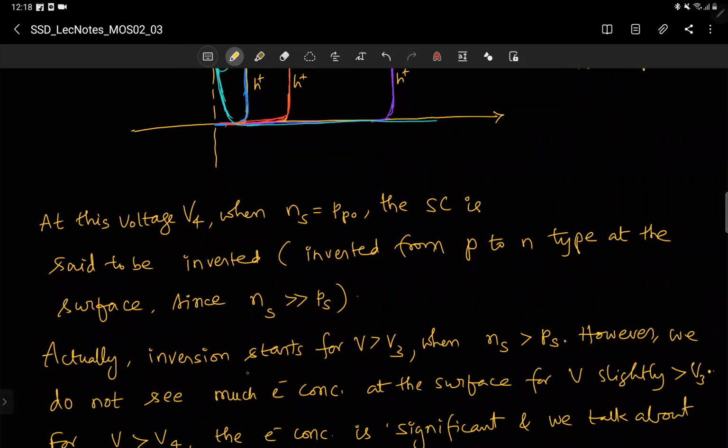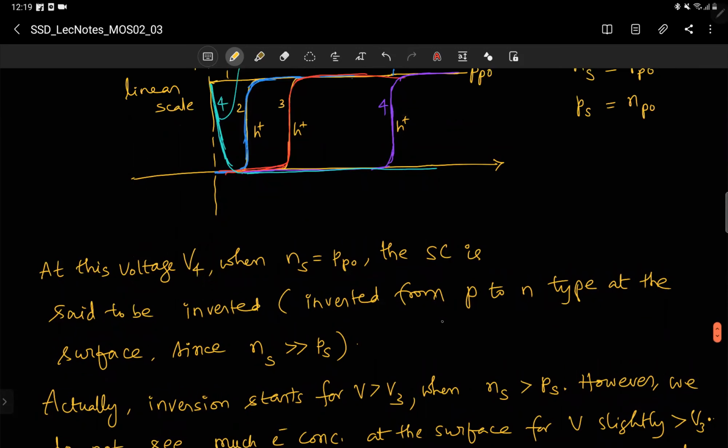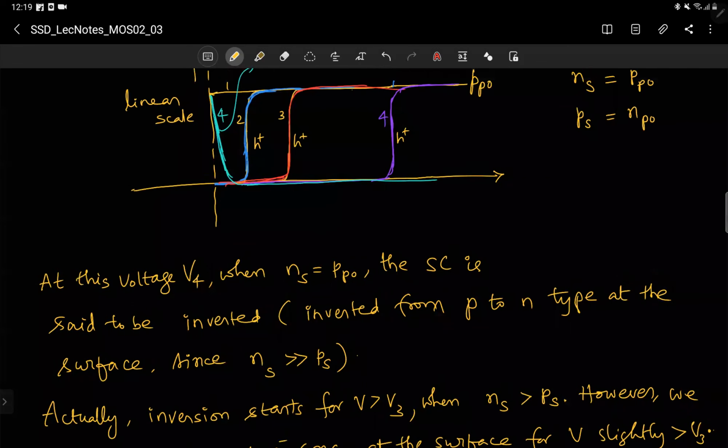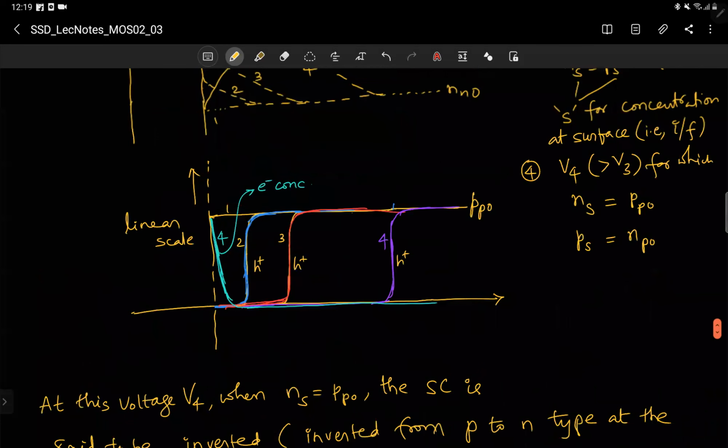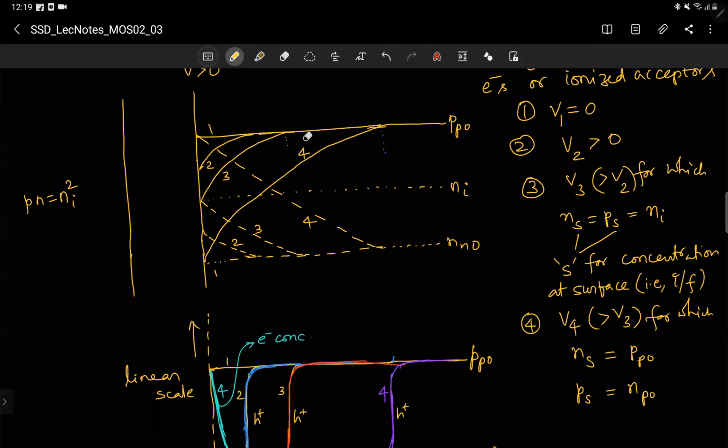Actually, if you see, it is not only for V4, when Ns is equal to Pp naught, meaning surface electron concentration is equal to hole concentration deep inside the semiconductor. You see that inversion starts for V greater than V3. What did we say about inversion? Inversion means inverted from P to N, meaning electron concentration should be higher than hole concentration. If you see V3 itself, at the surface electron and hole concentrations are both equal to Ni.